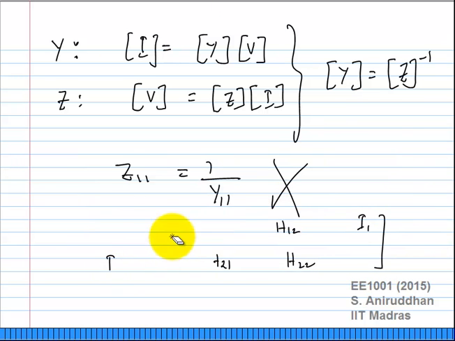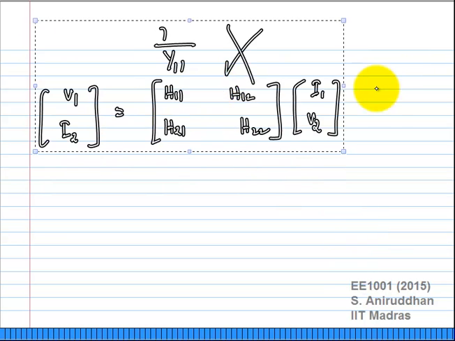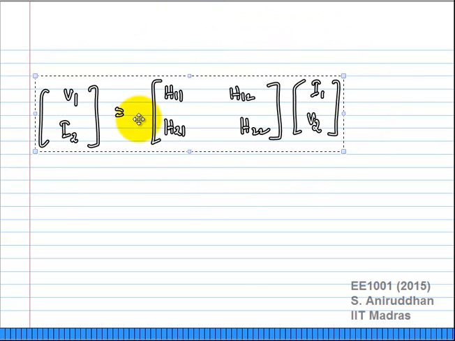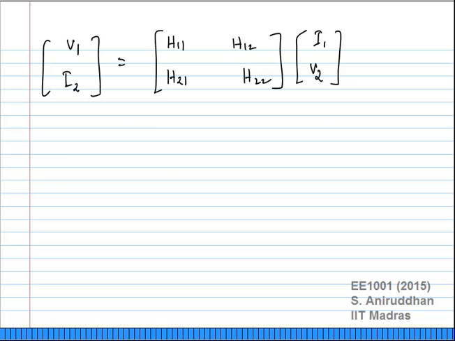Give me a second, I'll move to the next page, it will be easier to write this. What are the units of H11? Resistance. What are the units of H12? Dimensionless.